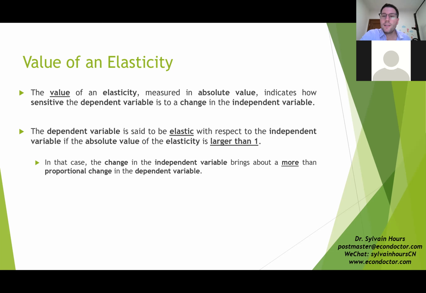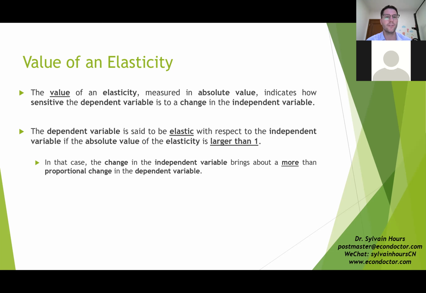If the elasticity in absolute value, because it could be positive or negative but here it doesn't matter, is larger than 1, then we say that the dependent variable is elastic with respect to the independent variable. This simply means that there is a strong relationship. The dependent variable varies a lot if we change the independent variable a little.